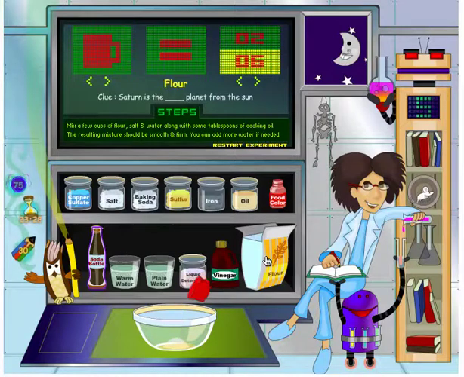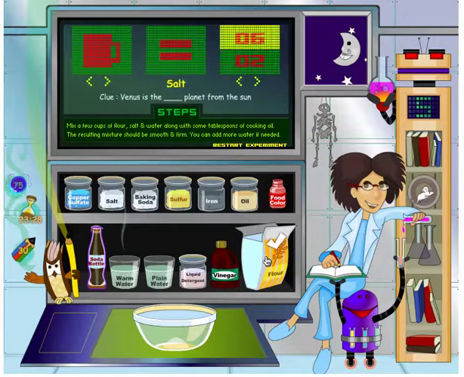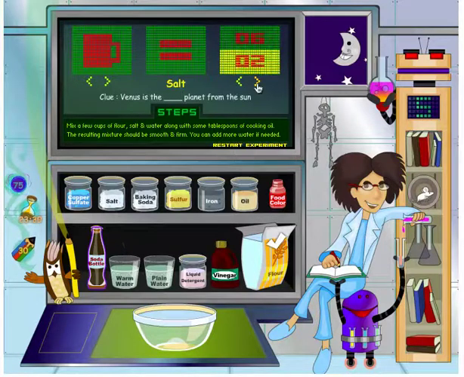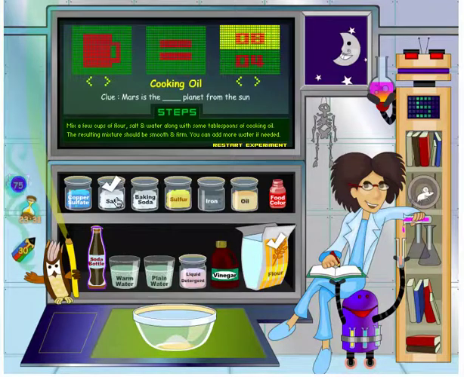Okay, that should be 6 cups. Now, salt. So I need, let's see, Venus is the blank planet from the sun. That's the 2nd planet from the sun, so I click the right arrow to get to 2. Click salt. Here comes a couple cups of salt. Now, cooking oil. Tablespoons of cooking oil, so I have to make sure I am on tablespoons.